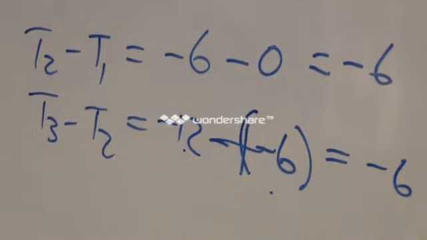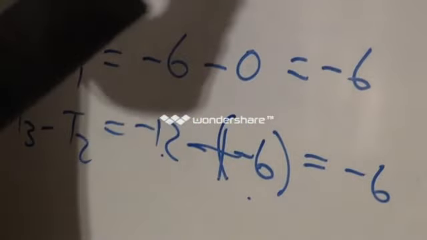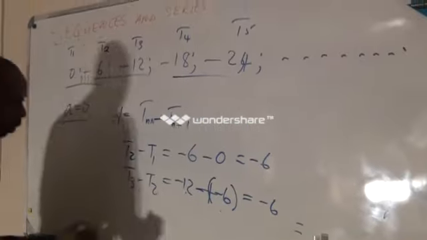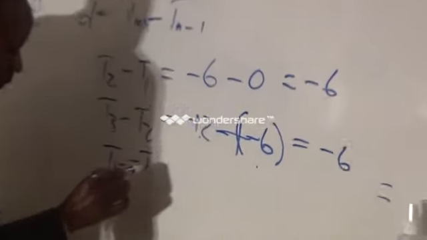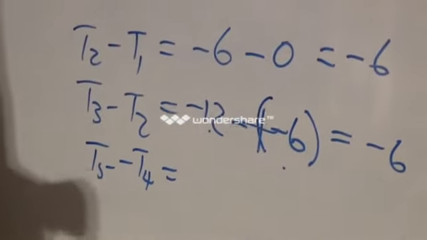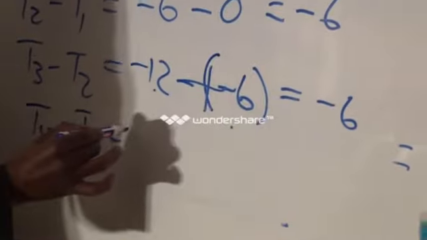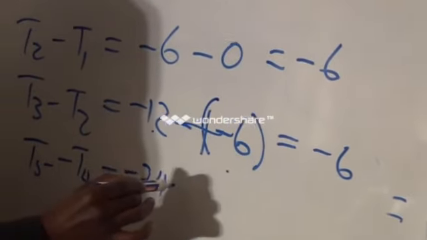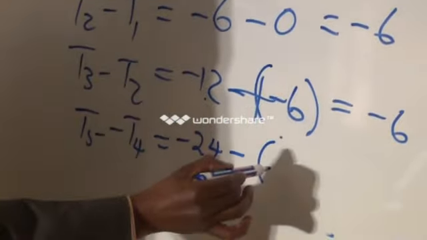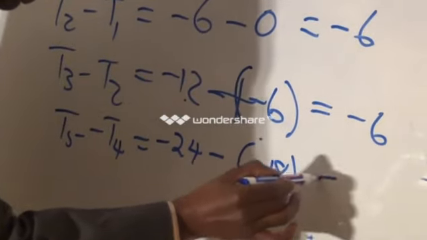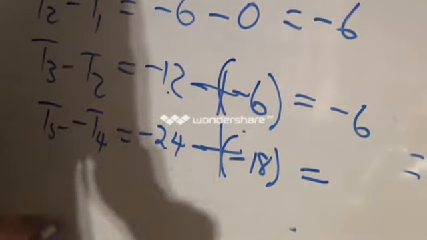To be prudent, let's do one more. T5 minus T4, what is that? It's what minus what? Minus 24 minus 18. Obviously minus minus gives you a plus.